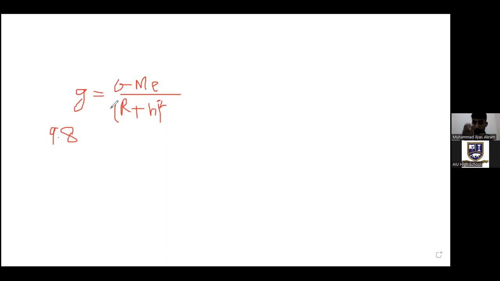And we can say that as an object on the surface of Earth, consider that is the mass M, and that is the Earth. And always the Earth creates a gravitational force.